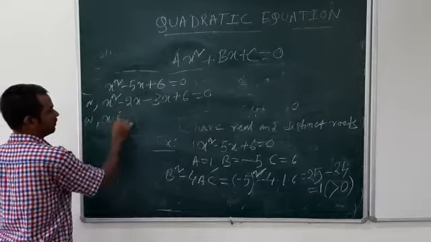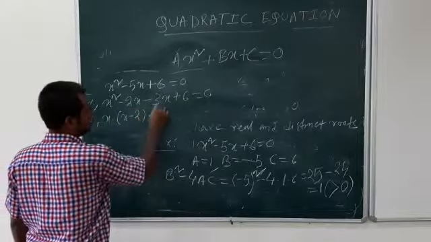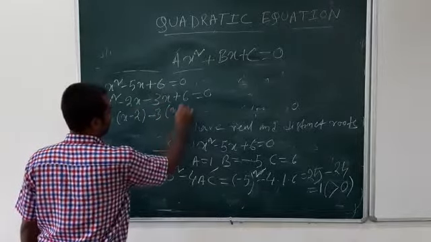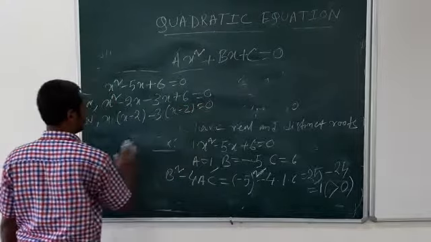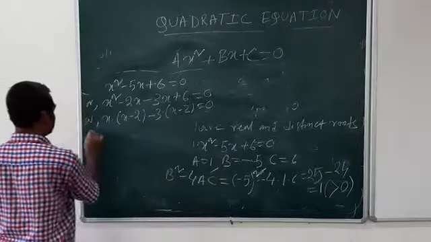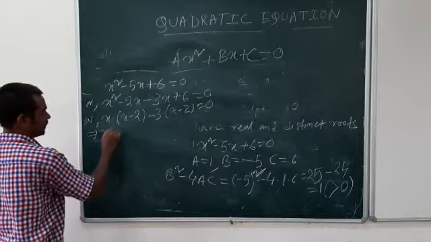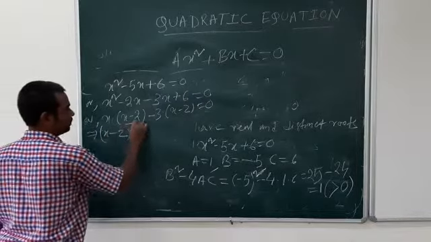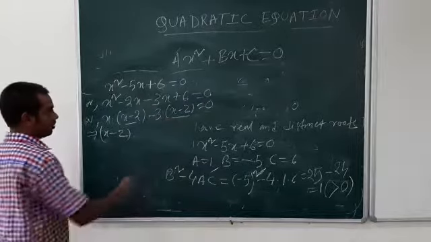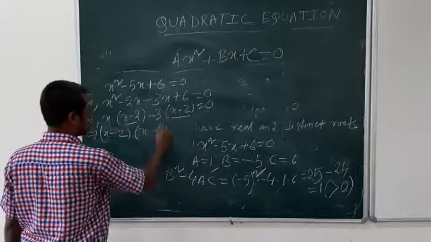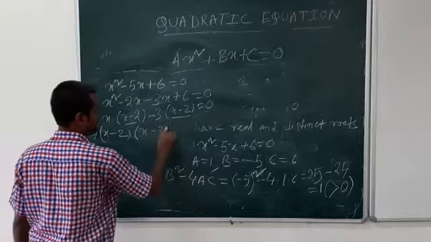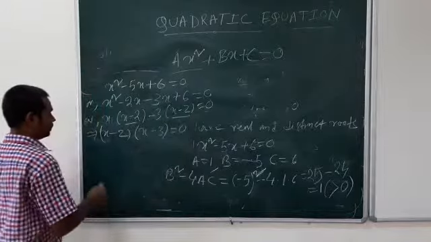So x common, x minus 2, minus 3 common, x minus 2 is equal to 0. Okay. x minus 2 is common, so we get x minus 3 in the rest part, x minus 3 is equal to 0.